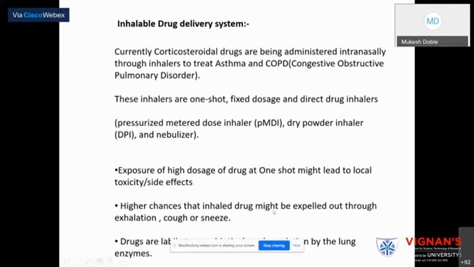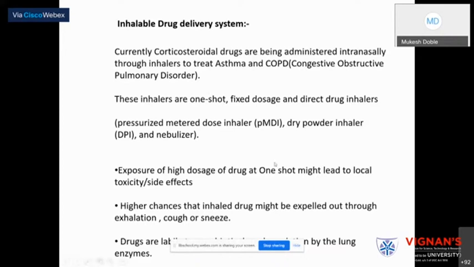There are higher chances that the inhaled drug might be expelled because of exhalation, cough, or sneeze. There could also be degradation of these drugs by the enzymes present in the lung. So all these issues need to be considered if one is interested in designing inhaled drugs. But the main point is that the drug may directly go and reach the required target site, unlike an oral drug or an IV drug.